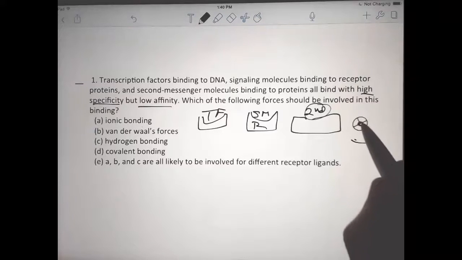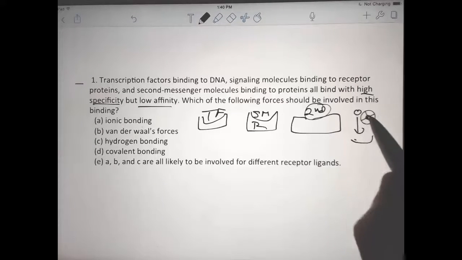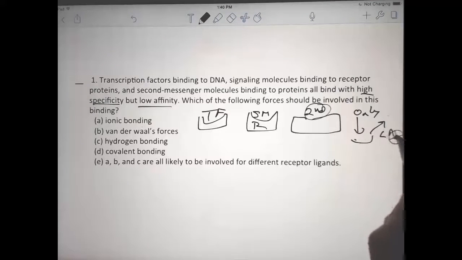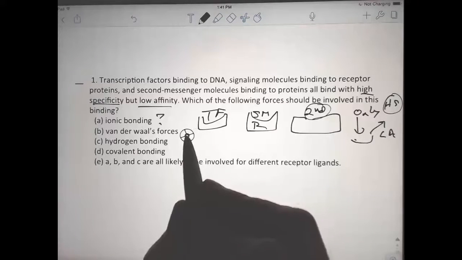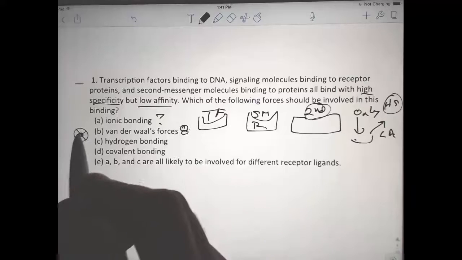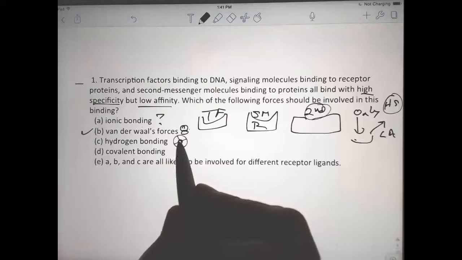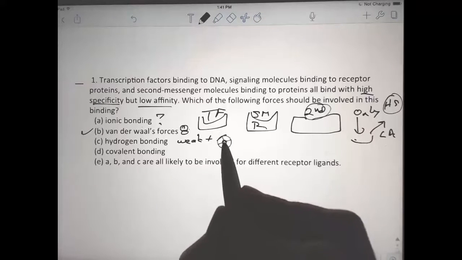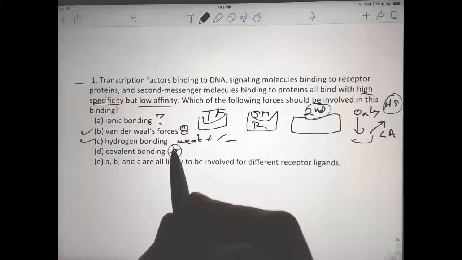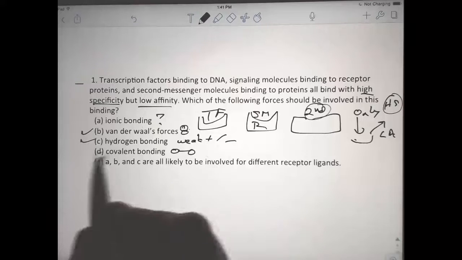Showing a binding pocket, I draw an arrow with only, reminding me that only the specific ligand will bind, and it has low affinity. So it's bouncing off easily. I'm thinking through the different pieces, sketching van der Waals, hydrogen bonding, which is weak plus minus charge interactions. Covalent bonding is strong, I cross it out.